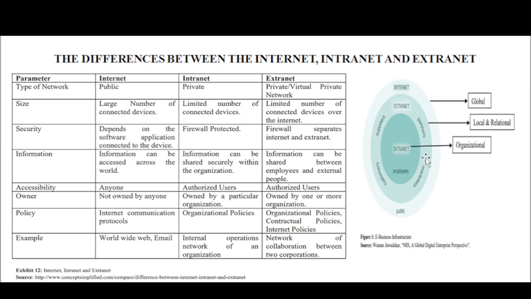So in this diagram you can see here, internet is for global, extranet is for local and relational, then intranet is for organizational. So in summary, the internet is a global public network with broad accessibility and varying levels of security. In contrast, intranets and extranets are private networks with restricted access and enhanced security used for internal communications within an organization or between specific external parties respectively.